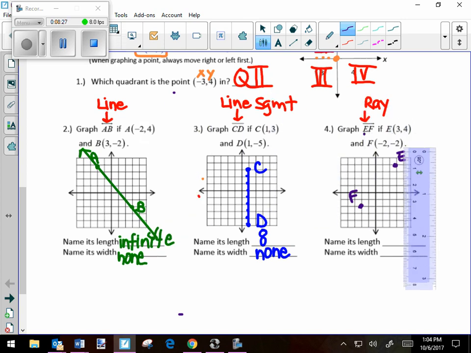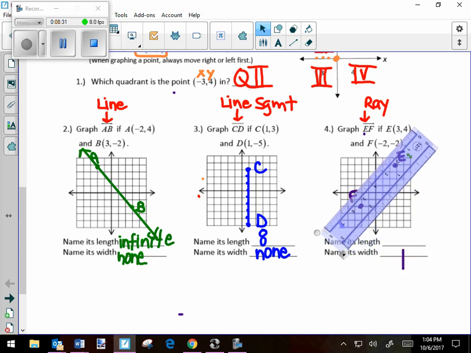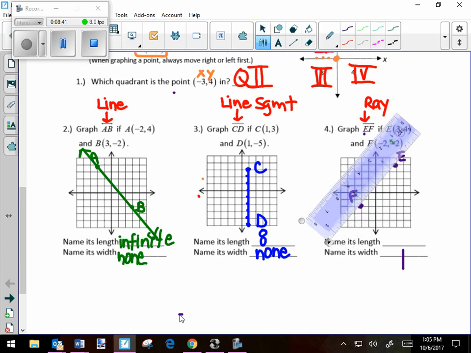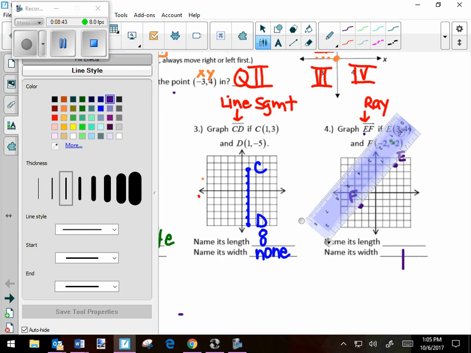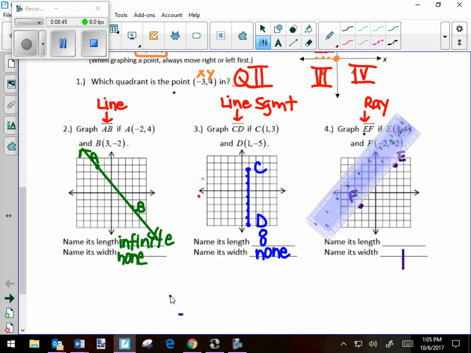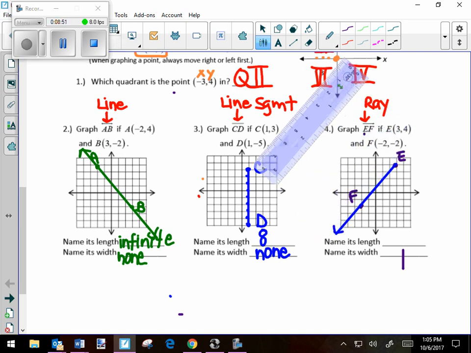It gives you the direction that you're traveling, if you want to look at it that way. So here's my ray. I have to remember to make sure that I start at the one point and continue through the other. So when I graph my ray, it looks like this.